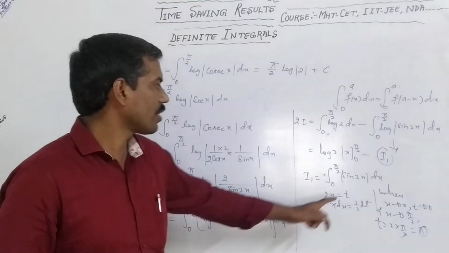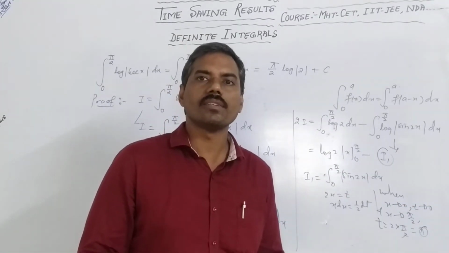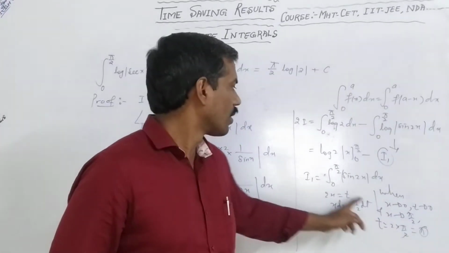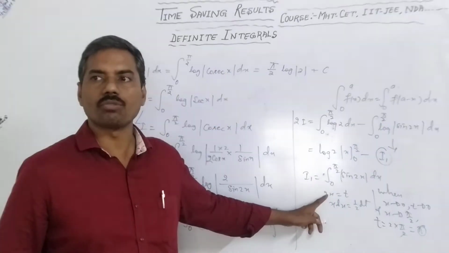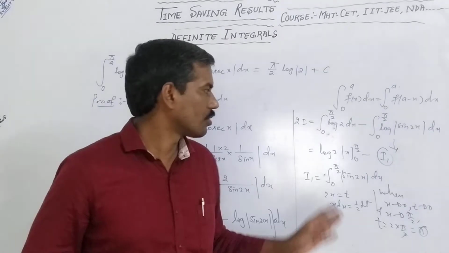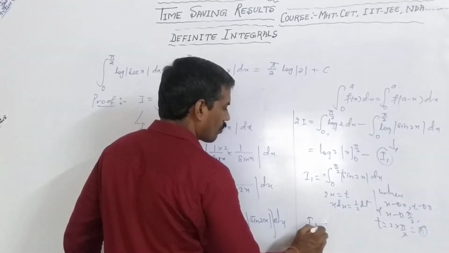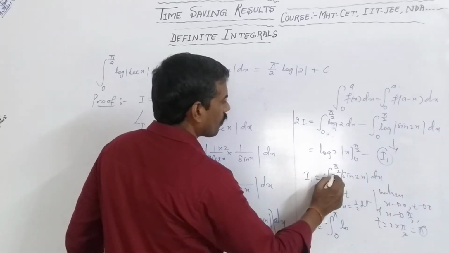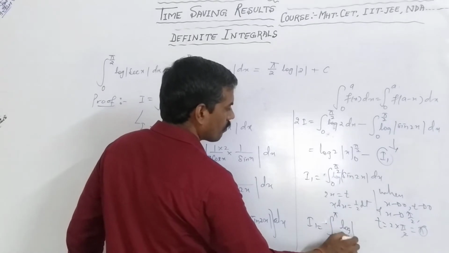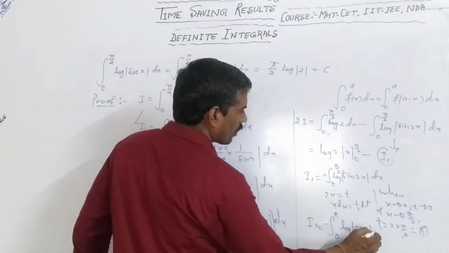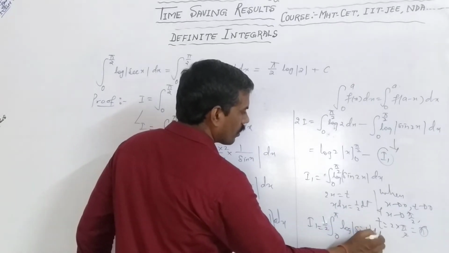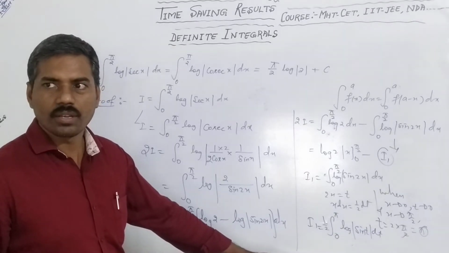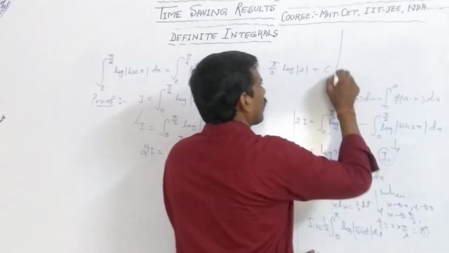So our result I1 is equal to integral from 0 to pi of log of mod of sin of t, and dx is 1 by 2 dt. Students, it is very easy, and I am solving I1 here.